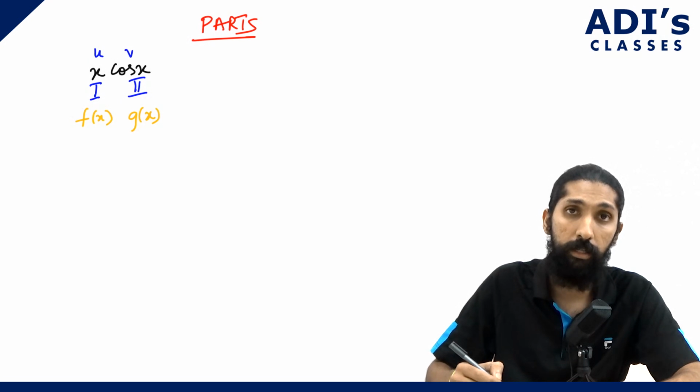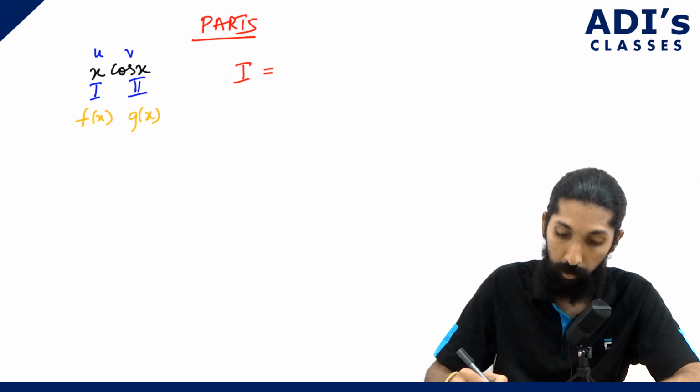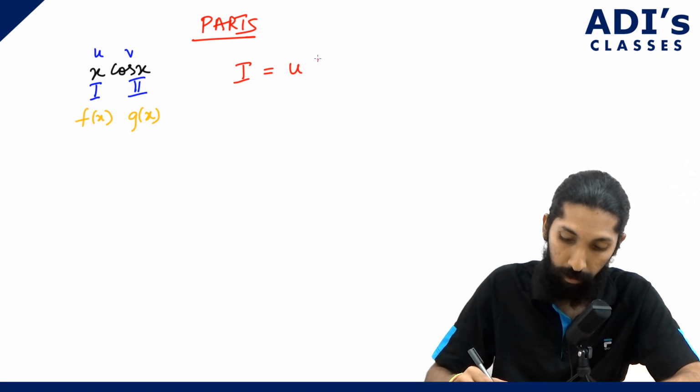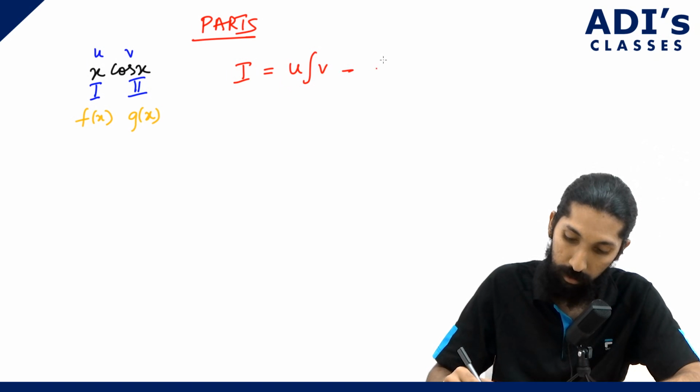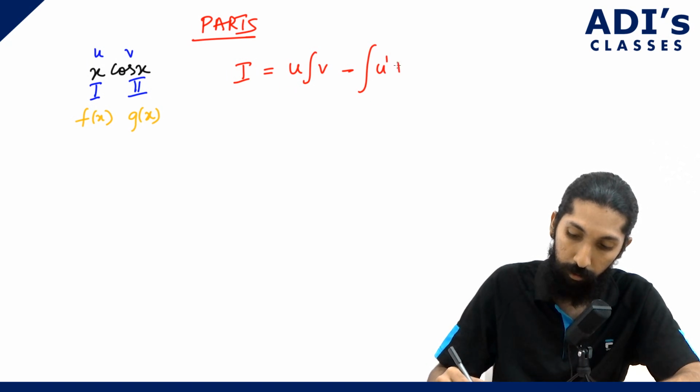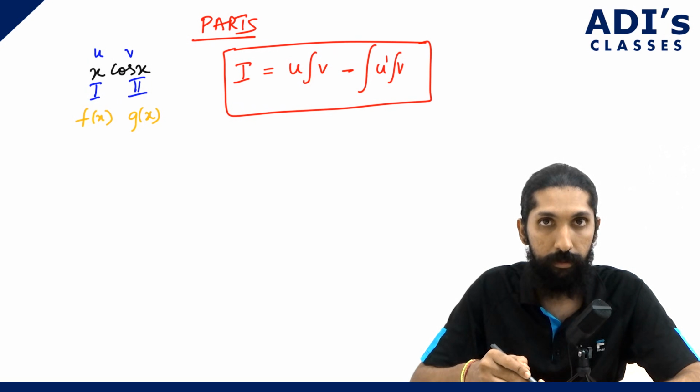So the integration I, that is by parts, is going to become u into integral of v minus integral of u dash into integral of v. So this is basically integration by parts.